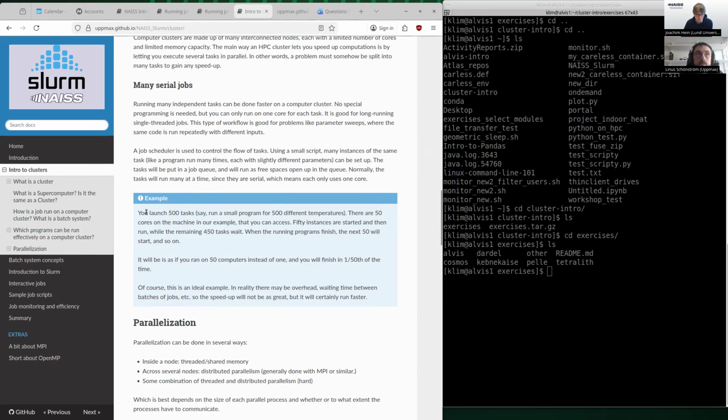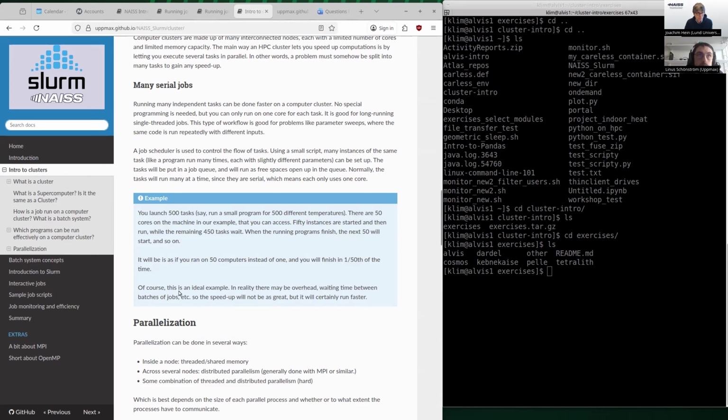And here we have an example. Let's say you have 500 tasks. You want to run them, but you have allocated 50 cores in the machine. So in this case, 50 instances will start to run, and the remaining will wait.